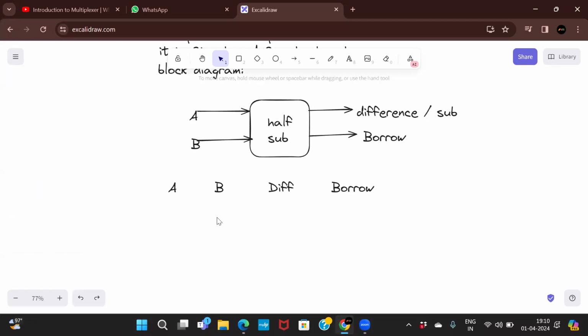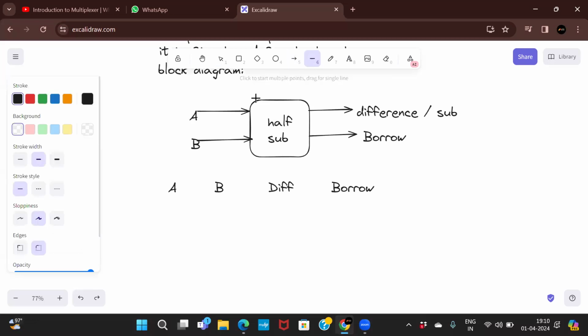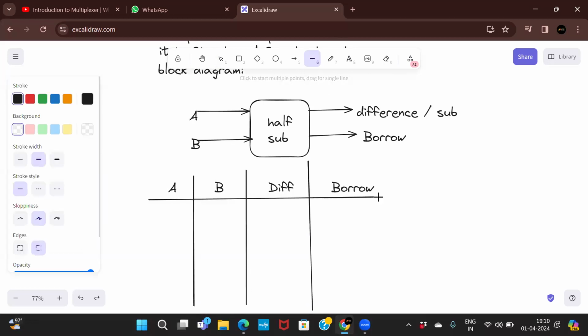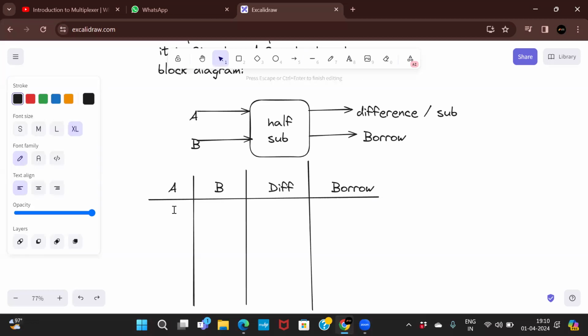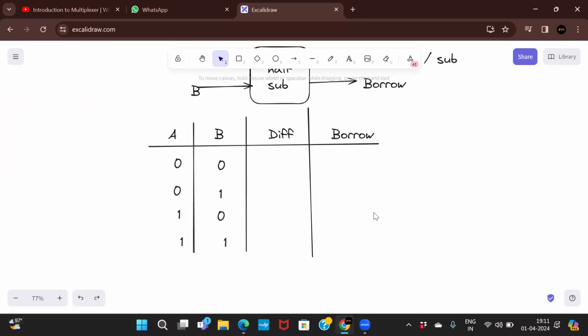With two inputs, how many input combinations are possible? 0 0, 0 1, 1 0, and 1 1. So I have taken four possible inputs.